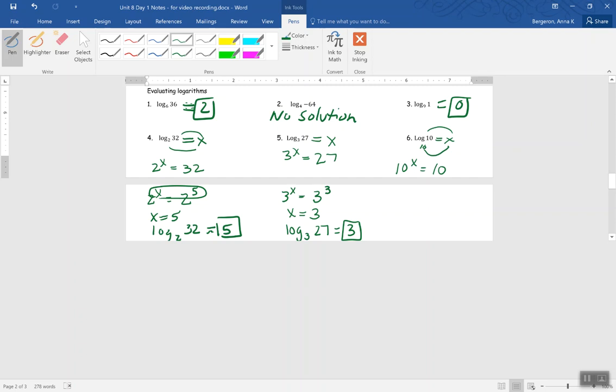So in this case, my bases are actually the same already. And this would be 10 to the first power, right? Any number to the first power is itself. So my bases were already the same, so my exponent will be 1. So then log base 10 of 10 equals 1.